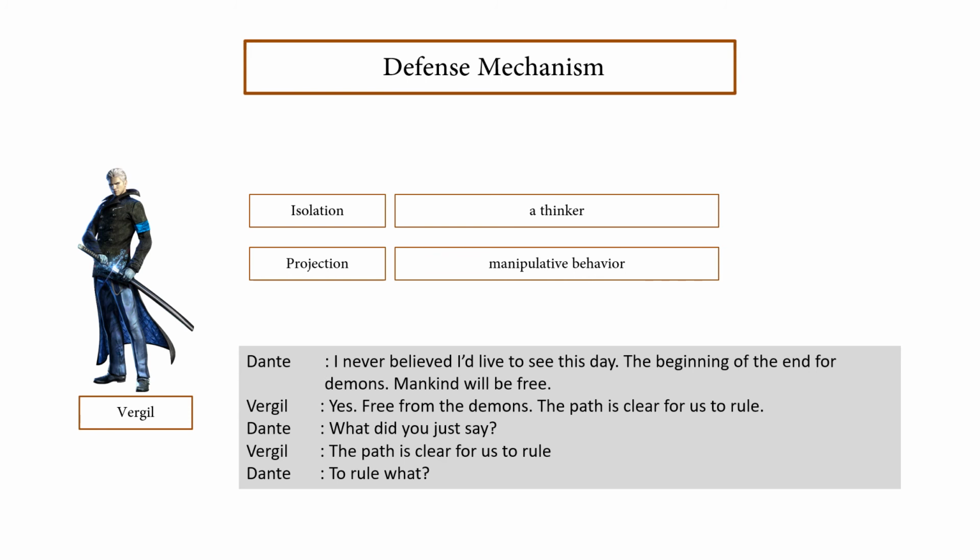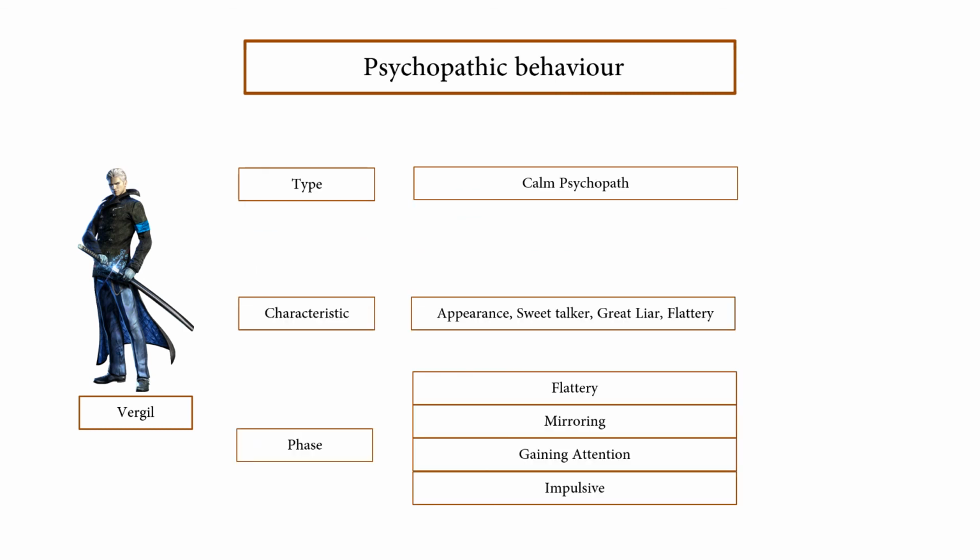In the end of the story, it was revealed that Virgil's main intention was actually not to defeat the demons, but to rule mankind and the demons. Virgil was further analyzed as showing psychopathic behavior using the concepts by Anna Freud. It could be seen that this behavior of psychopathy matches the behavior of Virgil.